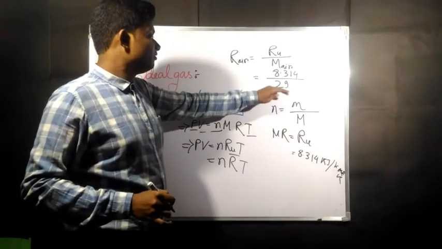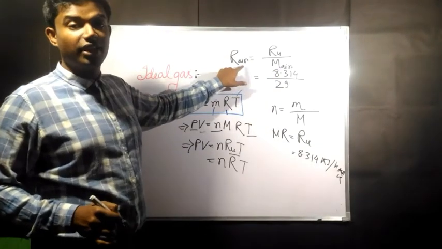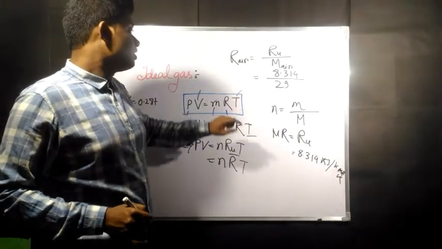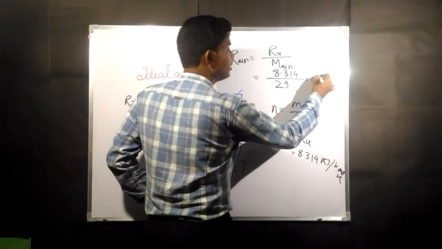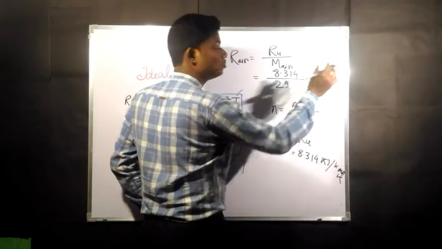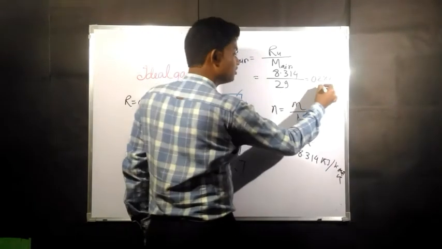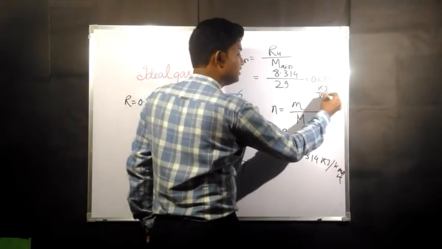From this, we get the characteristic gas constant value of air, which is going to be 0.287 kilojoule per kg Kelvin. This unit is kilojoule per kg Kelvin.